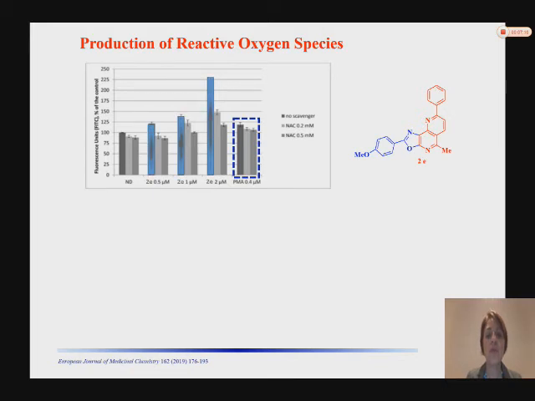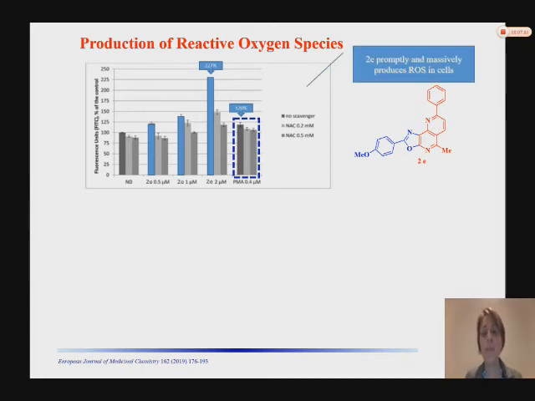Post-photoactivation, increasing concentration of 2E produced an increment in the fluorescence, which reached 227% of the untreated control at the highest concentration, a value much higher than the 120% reached by the positive control, thus suggesting that 2E promptly and massively produces ROS in cells.